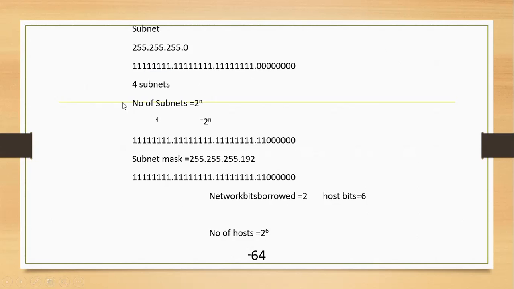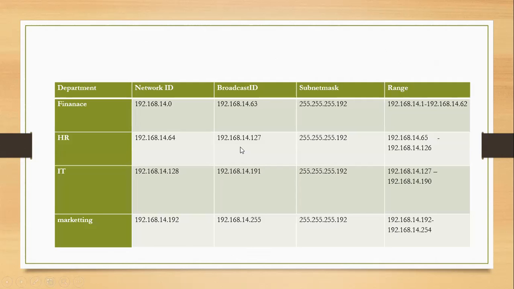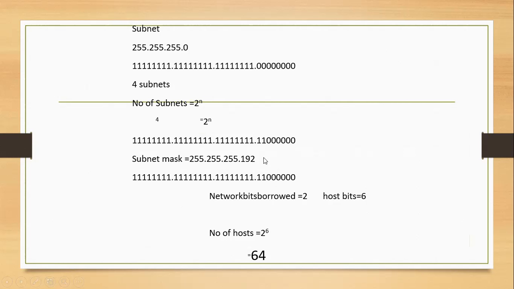So there are 4 subnets. That is 2 to the power 2. There are 4 subnets given, so 2 bits have been borrowed.